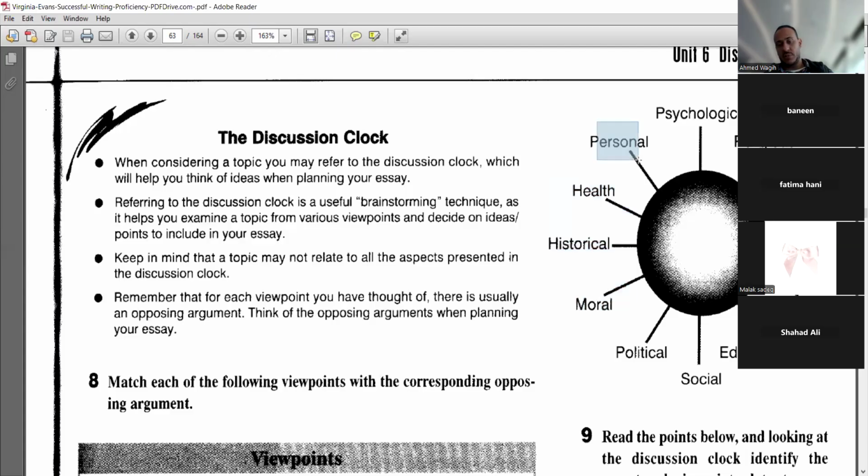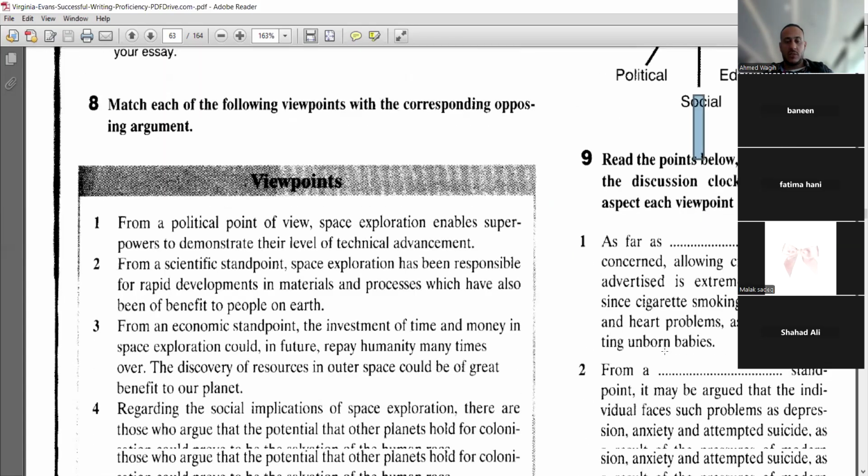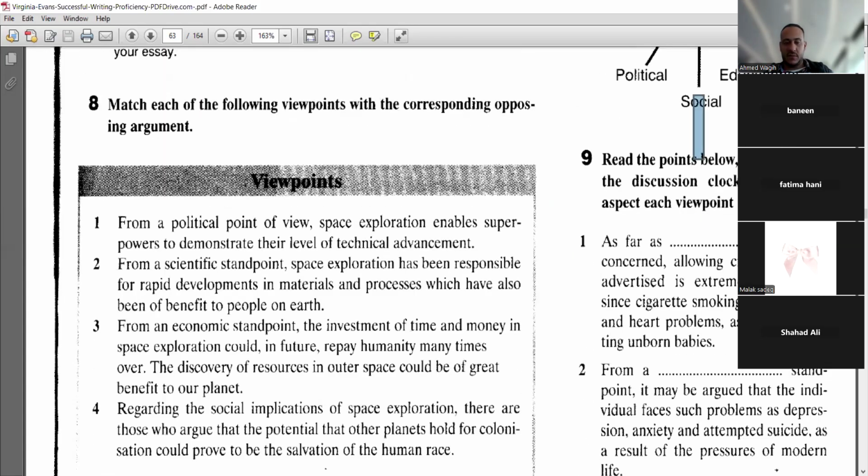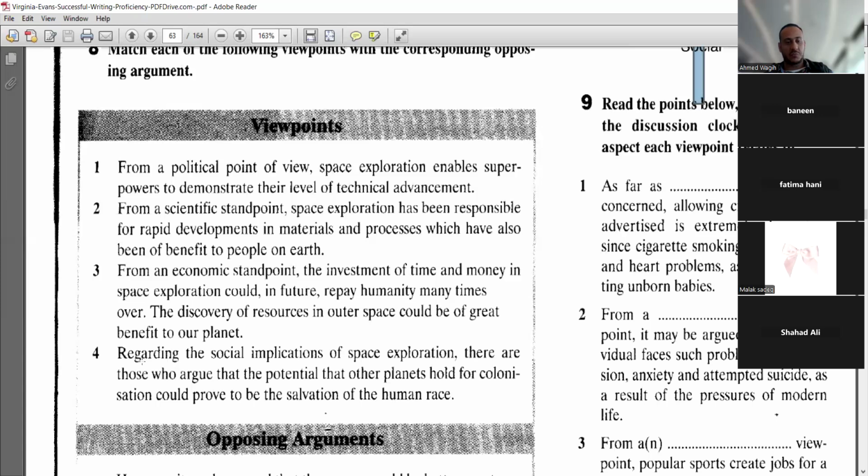Choose only the personal point of view, the moral point of view, and the social point of view. Only these points, because each paragraph has a separate point. So you need only 4 points, because you usually write 4 main body paragraphs. Let's see how it is applied in this example.